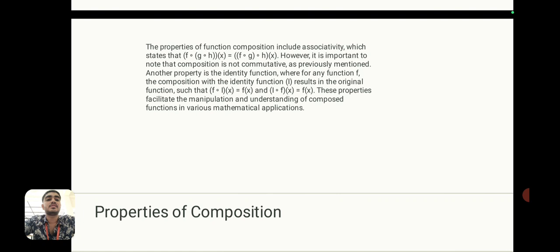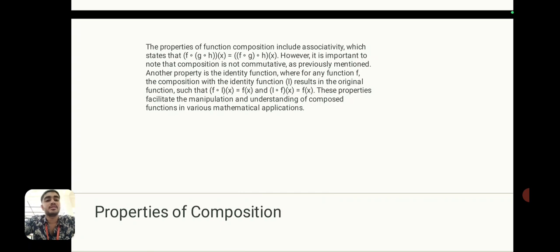Another property is the identity function, where for any function composed with the identity function I, the result is the original function, such that f∘I(x) equals f(x) and I∘f(x) equals f(x).